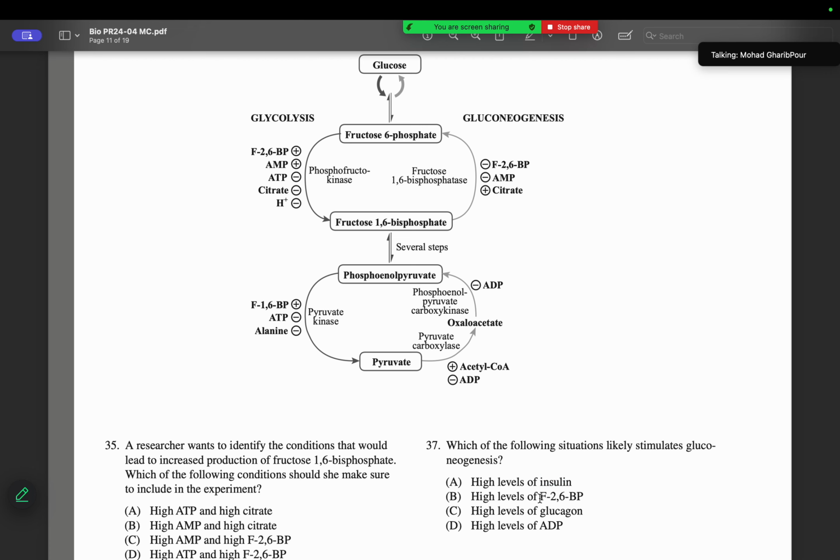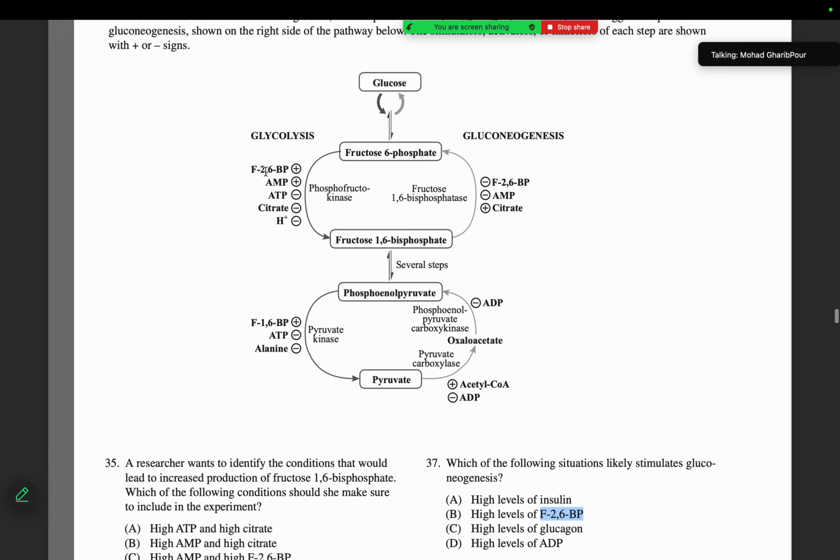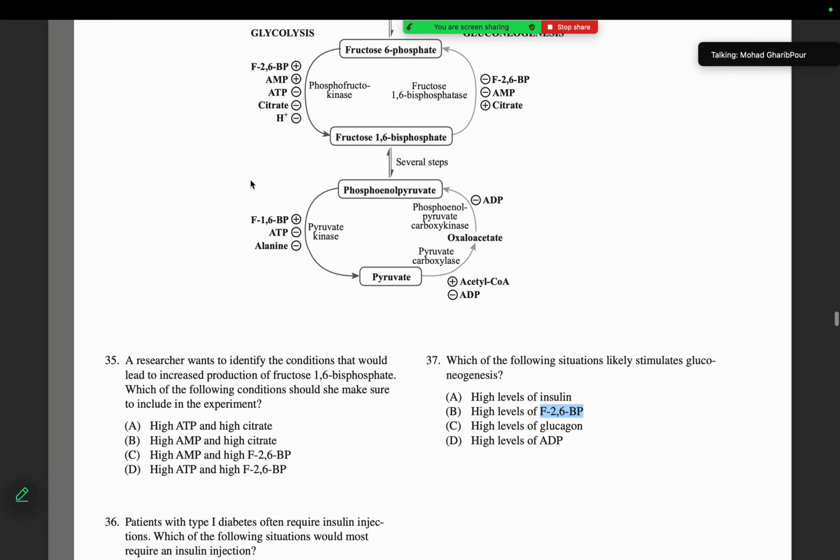High levels of F26 bisphosphate, that's the opposite direction of gluconeogenesis. That's a glycolysis environment. And then high levels of glucagon. So literally in here, it says another pancreatic enzyme, glucagon, is released, which triggers the process of gluconeogenesis.